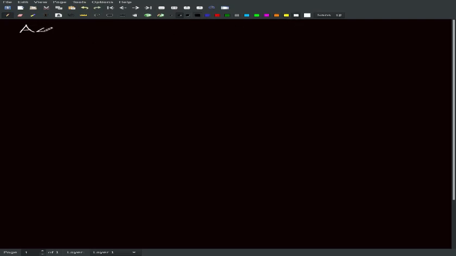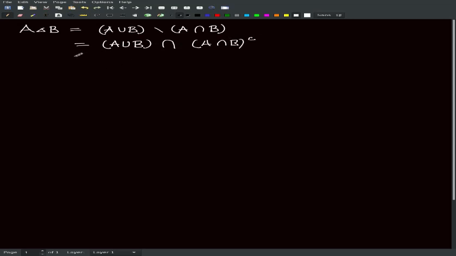This is obviously A union B minus A intersection B, which therefore means intersected with this, but then this means, using the complementation laws, this is this.